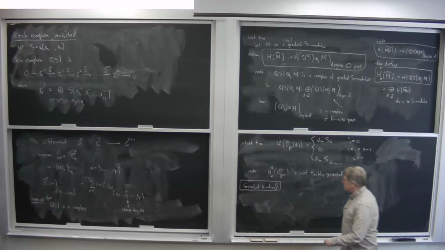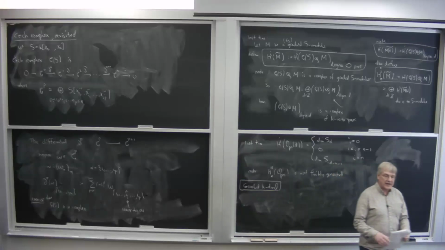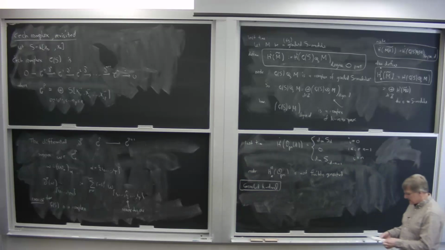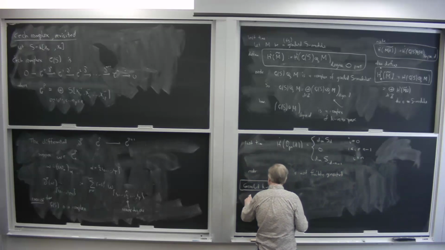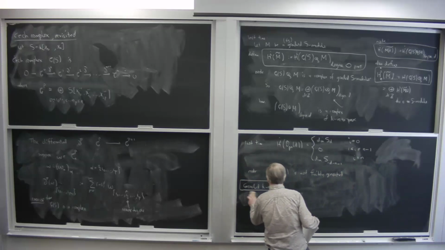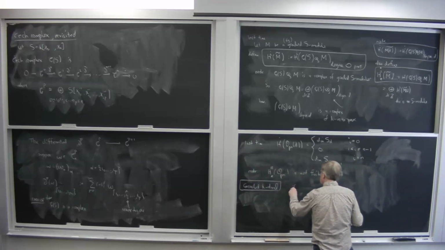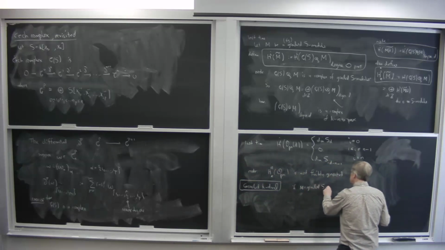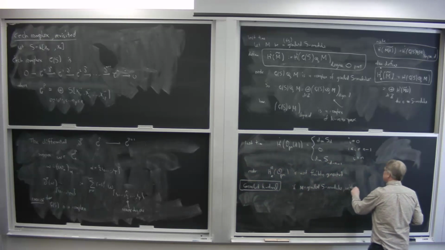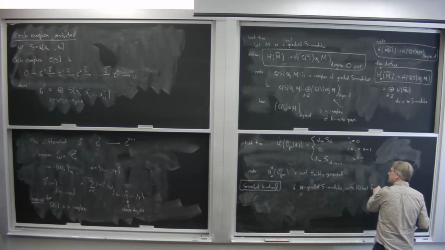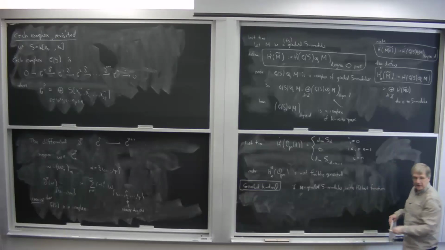So the idea is the following, and on the Jupyter notebook, I have one example where you can start to see this right away. Suppose M is a graded S module with Hilbert function. Remember, that's just the dimension of M_d in every degree.